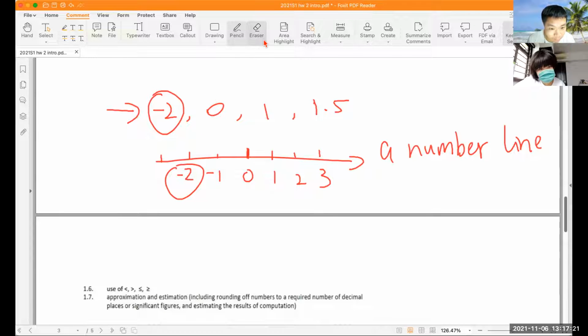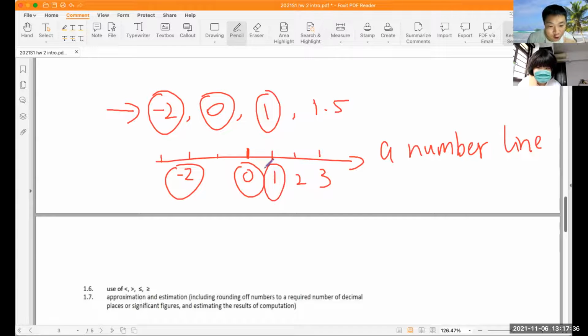You don't have a -1, so you don't need a -1 there, right? You have a 0, yes, so you label the 0 here. And then of course you have a 1. You don't need a 2 or a 3 because you don't have them. But you have a 1.5. Where's your 1.5? In between 1 and 2, so just label it here.